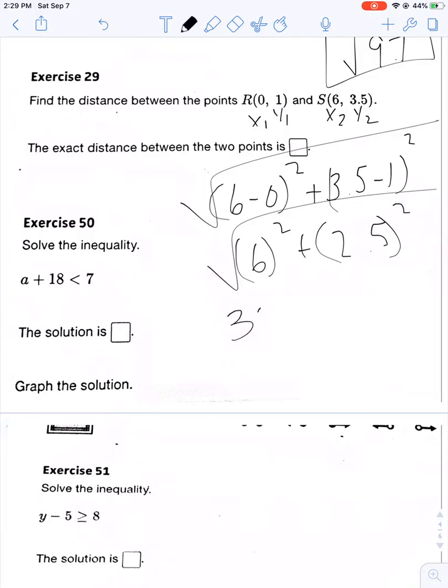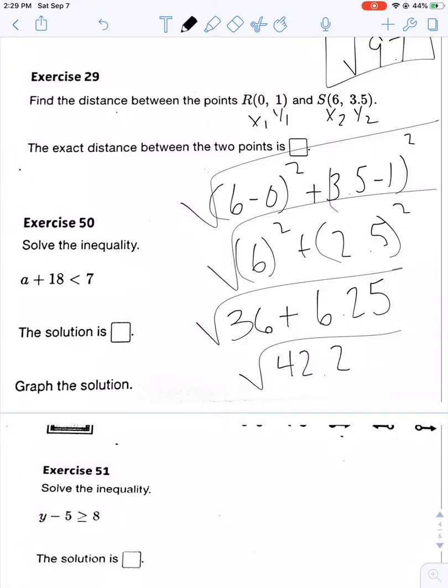So that's 36 plus 6.25 square root. So square root of 42.25. Okay. We've gone the distance. We've conquered the distance formula.